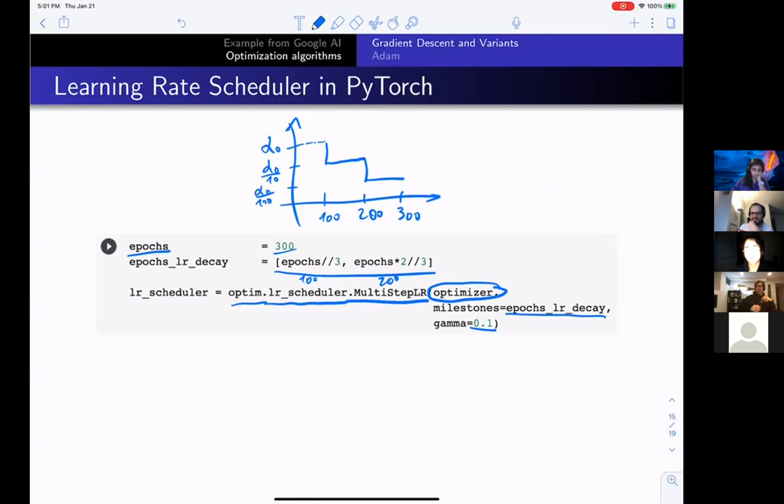Yet we've seen empirically that it still depends on, I mean, what is luck? If one person uses momentum and trains a network successfully, then maybe that person was lucky.